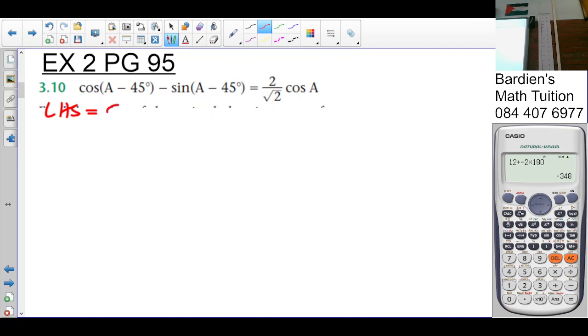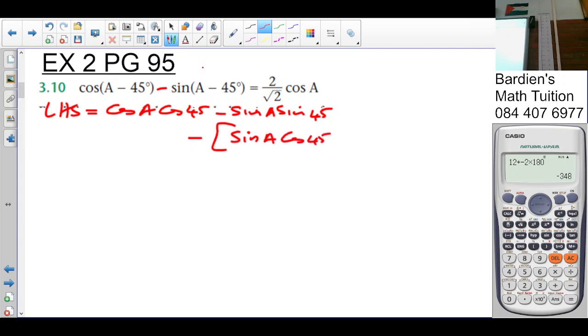So that would simply be cos alpha cos beta minus sine alpha sine beta. And that minus is this minus, so I must have a bracket there. Sine A cos B. This is now your alpha and beta now, no? Minus sine B cos A.